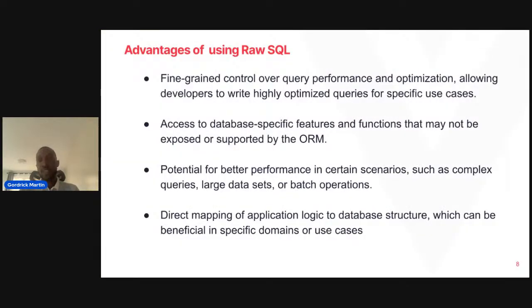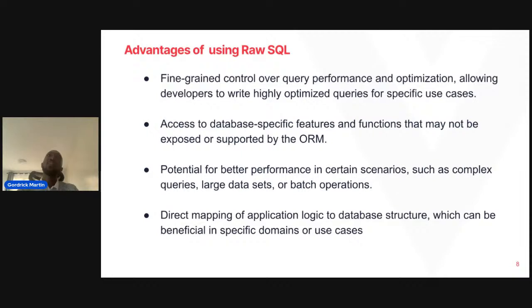So what are some of the advantages of this? An advantage I'm seeing with raw SQL is you get fine-grained performance and optimization. In some cases, you find the query that's generated by your ORM code is not the most optimal way to get the information you're looking for.